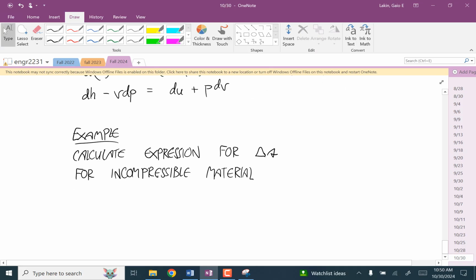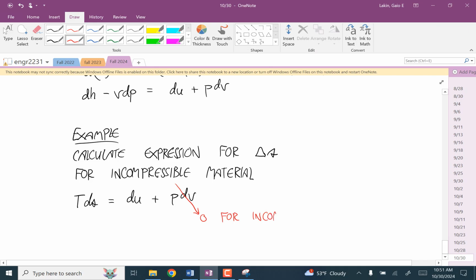So I'm going to start with TdS is equal to, I'm going to use the one that says dU plus PdV. And I'm going to use this form because we have two useful things here. We have that dV is equal to 0 for an incompressible material.